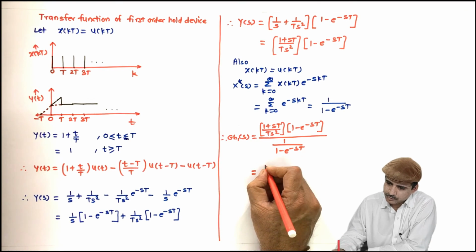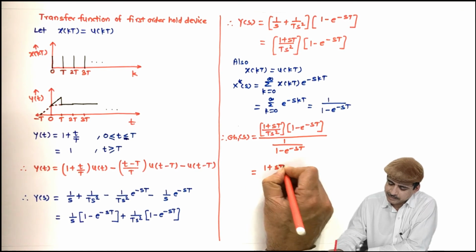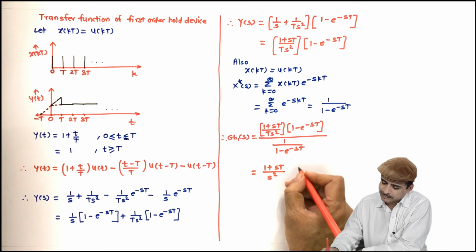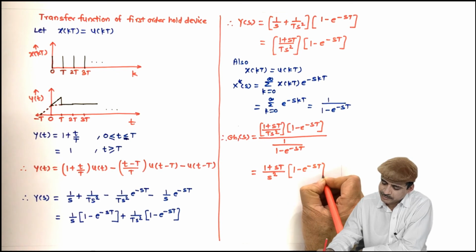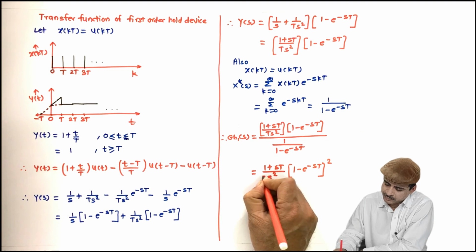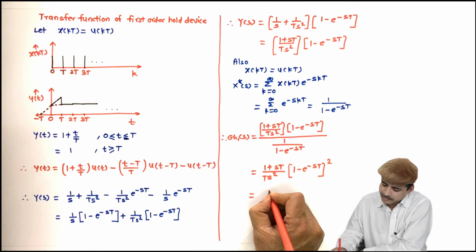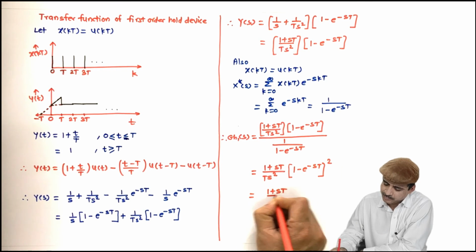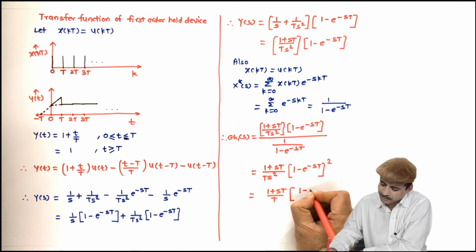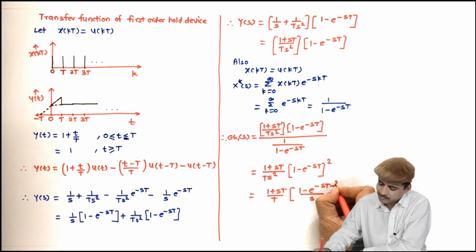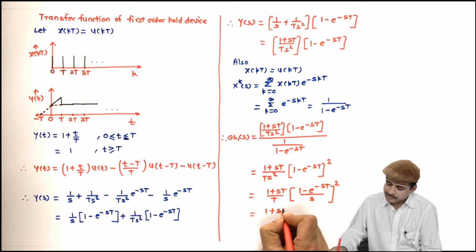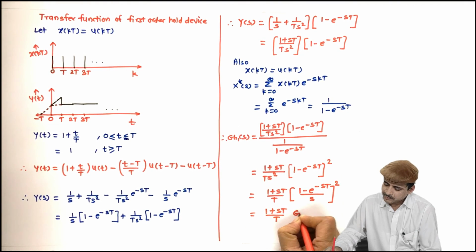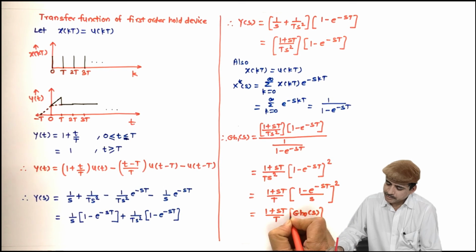So it is equal to 1 plus sT divided by T s square into 1 minus e raised to minus sT whole square, and then it will be 1 plus sT by T in the bracket 1 minus e raised to minus sT by s, this s square is taken in the bracket, by s square. So can I say that it is equal to 1 plus sT by T into G h0 of s square.